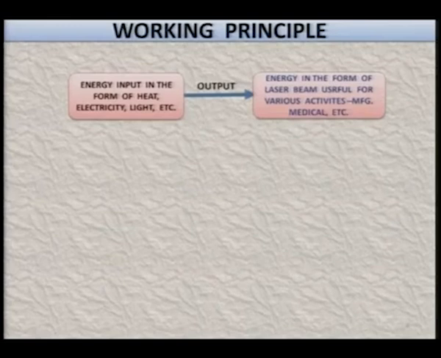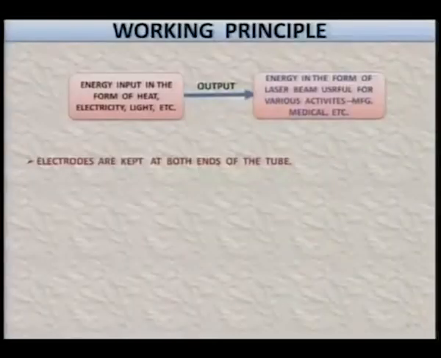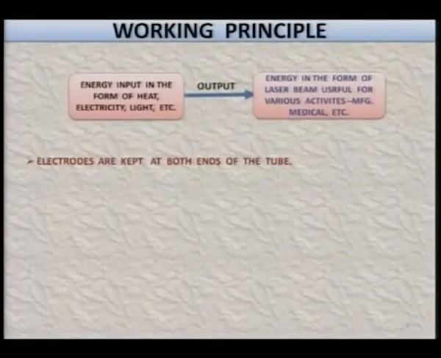It can be manufacturing activity, medical activity, or other activities also. As you can see here, when a pointer is being used in the classroom, that is also a laser light. So, it has various applications in different spheres of life.